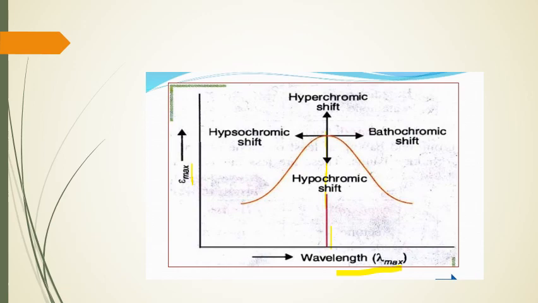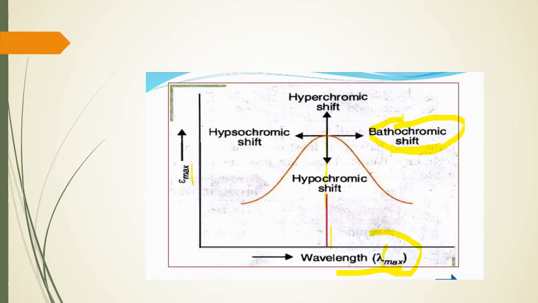Towards the right hand side, I am saying the bathochromic shift is towards the longer wavelength. When this absorption maximum shifts towards the longer wavelength, it is known as bathochromic shift, or red shift. That's why bathochromic is also called red shift. So towards the higher wavelength, the right hand side, the shifting of this lambda max is called bathochromic shift.